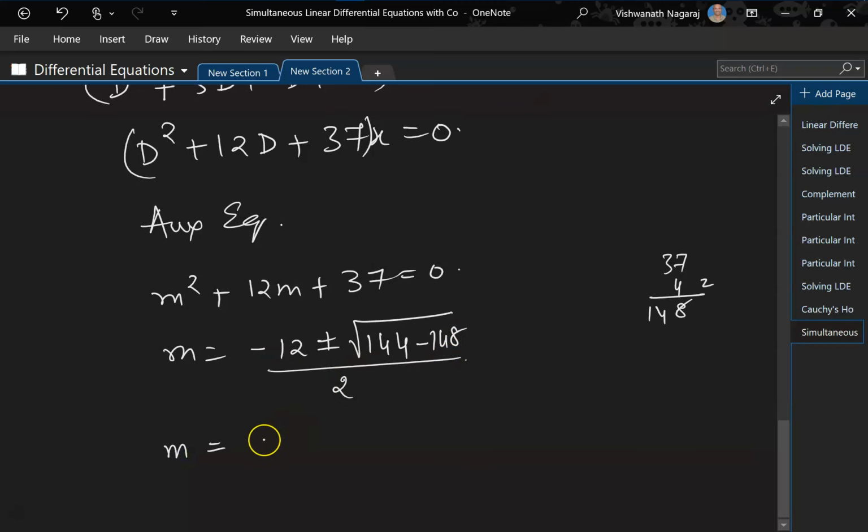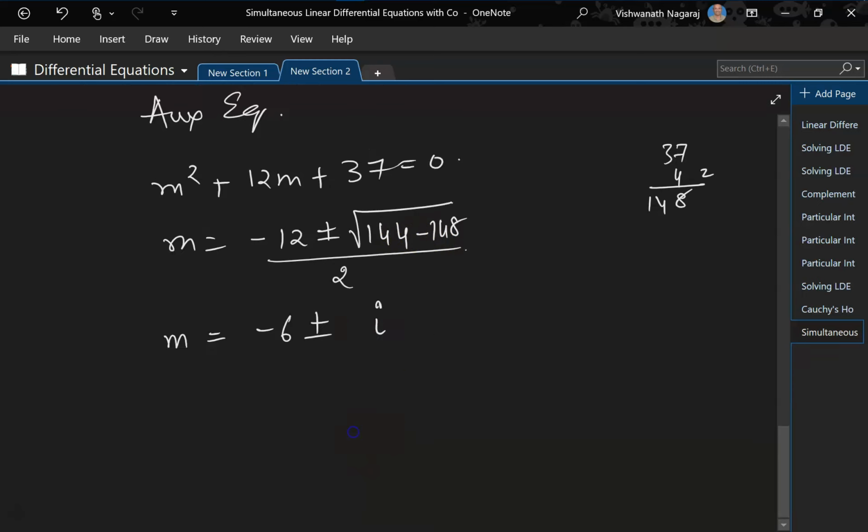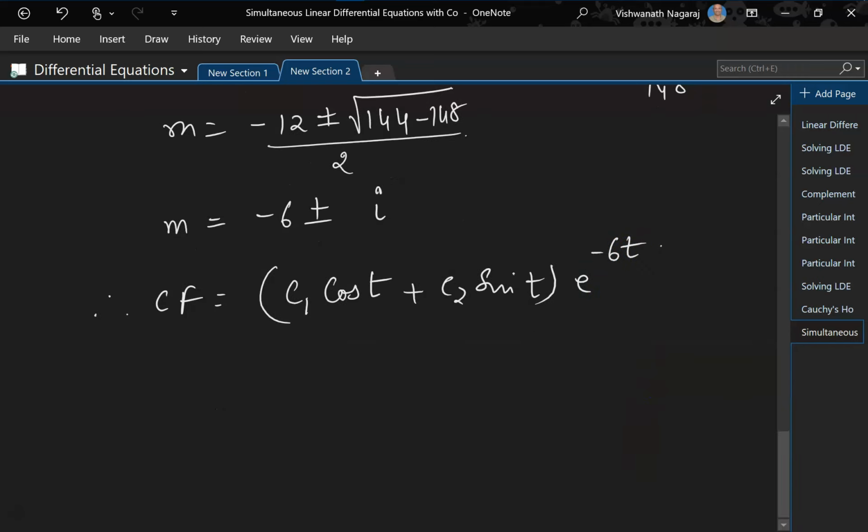So m is equal to minus 6 plus or minus, 148 minus 144 is 4, so square root is 2, but because of the minus it is 2i, divided by 2, which means minus 6 plus or minus i. Conjugate complex numbers, so our complementary function is (c1 cos t plus c2 sin t) e to the power of minus 6t. That is the complementary function.